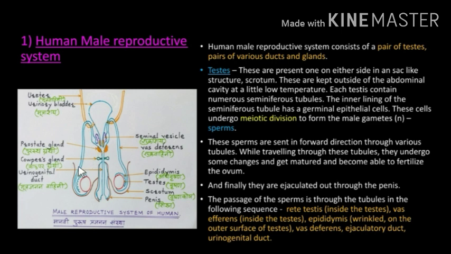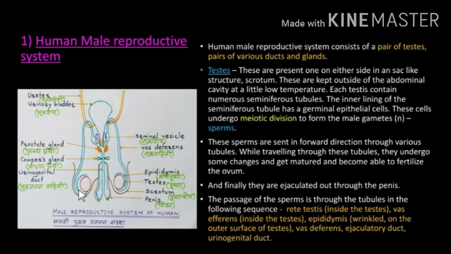While traveling through these tubules, they undergo some changes and get matured when they reach up to the penis. And when they are ejaculated out of the penis and enter the female genital tract, at that time they are fully matured and are able to fertilize the ovum. And finally they are ejaculated out of the penis.